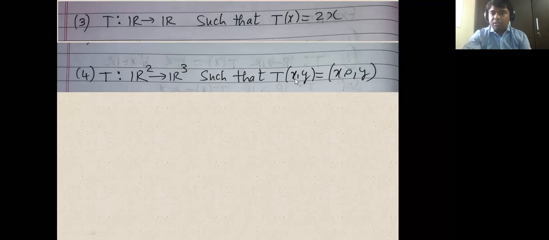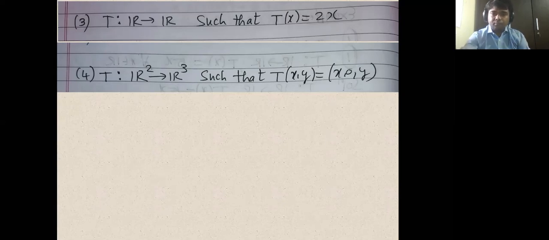The first component in the domain gets mapped to the first component, the same. The second component gets mapped to the third component of R3. And the second component in the codomain is fixed at 0.